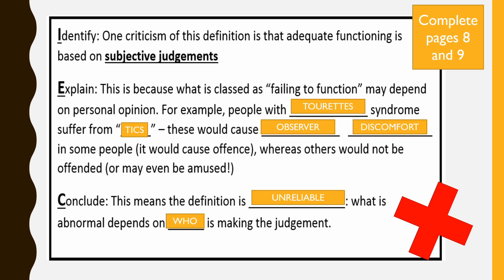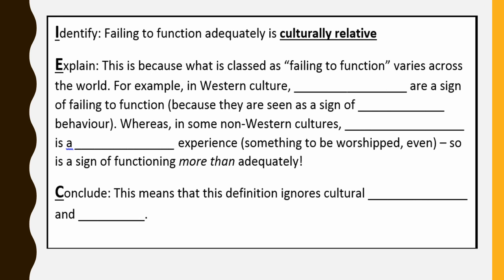Moving on to the second evaluation point, completing pages 8 and 9. Failure to function is also culturally relative. This is because what is classed as failing to function varies across the world. For example, in Western culture, hallucinations are a sign of failure to function because they are seen as a sign of what we call psychotic behaviour.